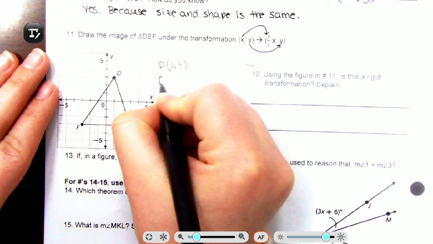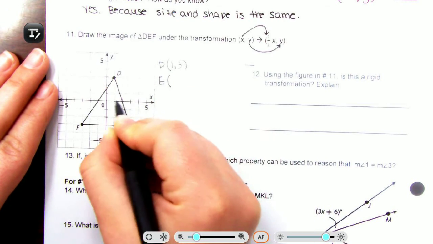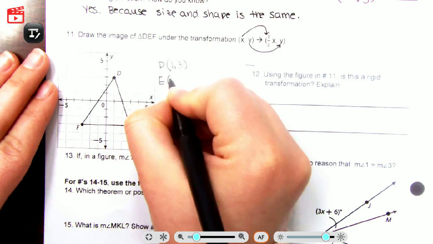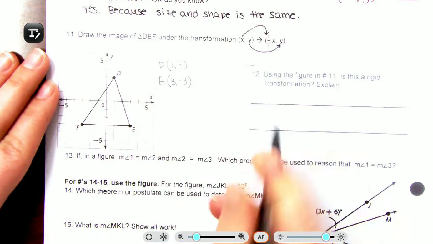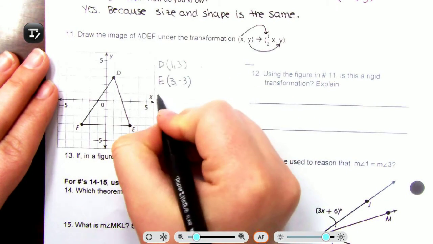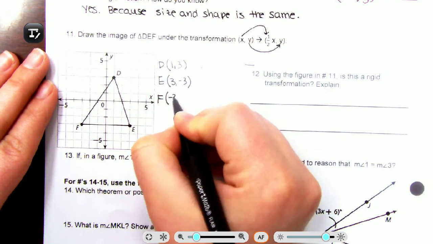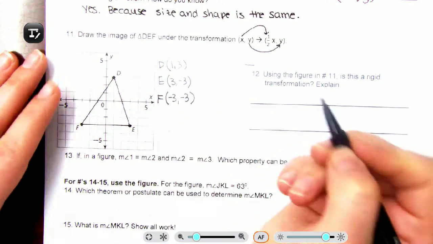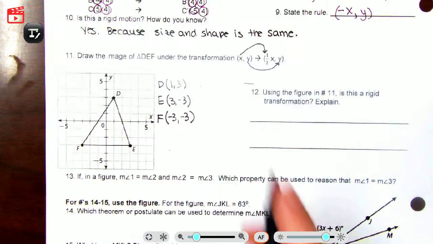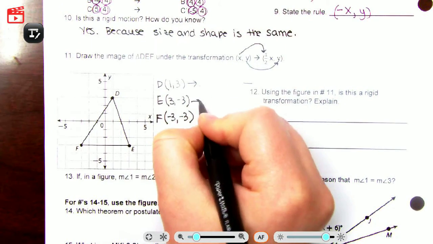We have E at 1, 2, 3, negative 3. We have F at 1, 2, 3, 1, 2, 3. So negative 3, negative 3. Okay. List your points, then apply the transformation.